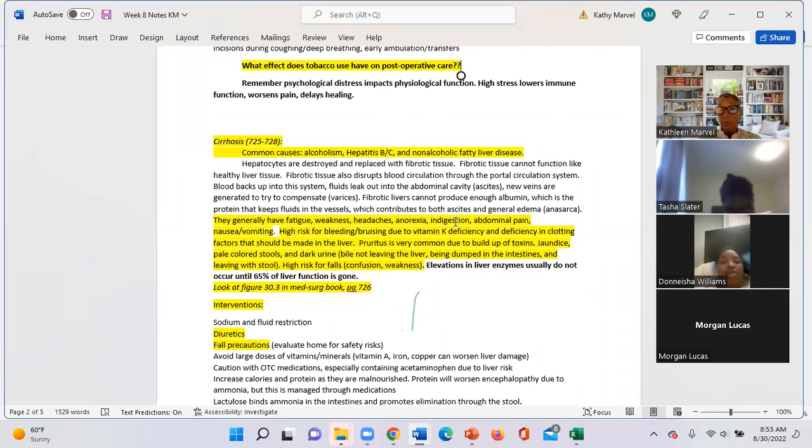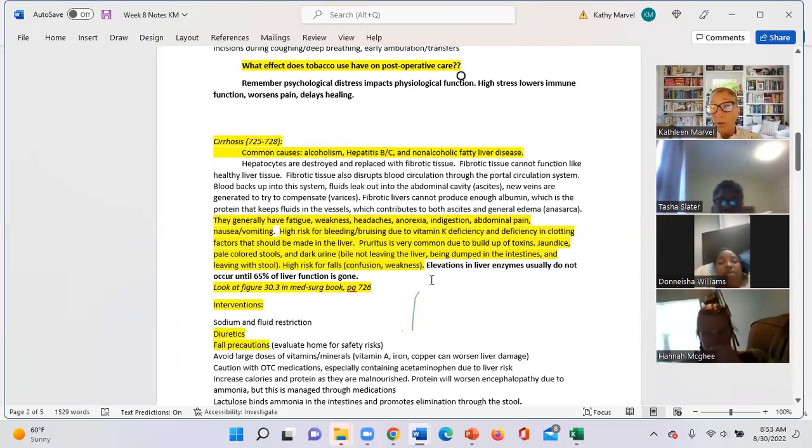Their vitamin K deficiency. All right. So pruritus is common due to the buildup of toxins. Jaundice, we talked about that. Okay. And interesting, elevations in liver enzymes usually do not occur until 65% of the liver function's gone.